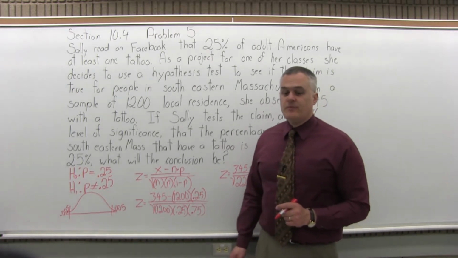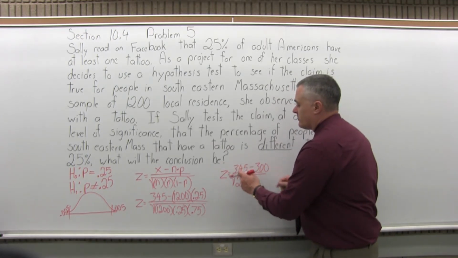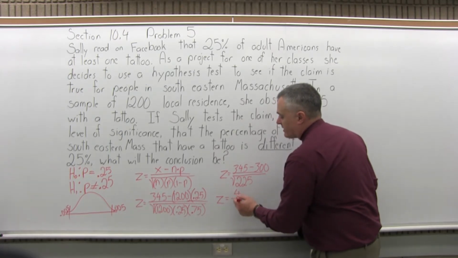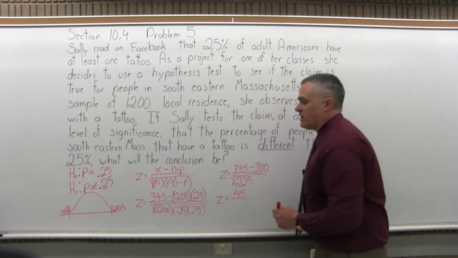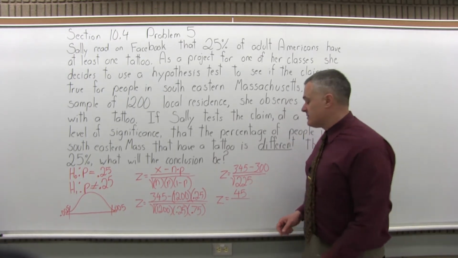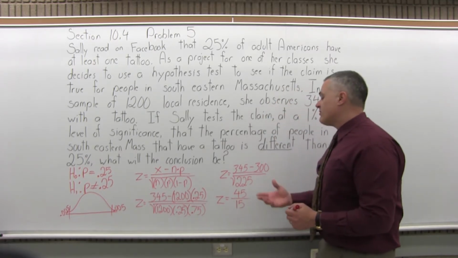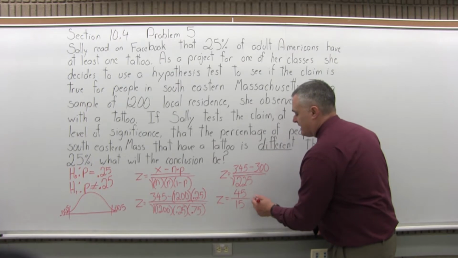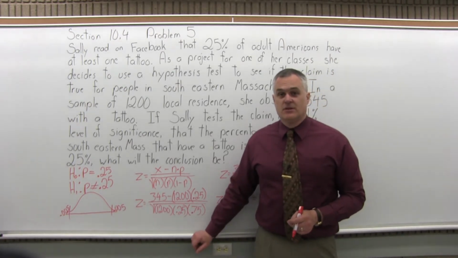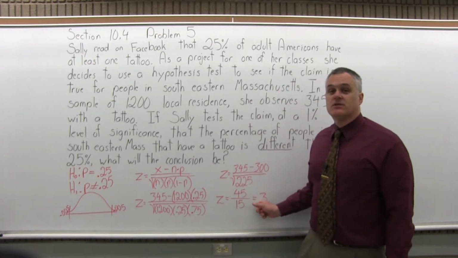So now we can do a little bit more work. In the numerator, 345 minus 300 is positive 45. Again, you want to pay attention to the sign. In the denominator, the square root of 225 surprisingly comes out to a whole number. It's 15. And now if you divide 45 by 15, it comes out to a nice whole number of 3. So step 4, compute the value for z, we get z equals 3.